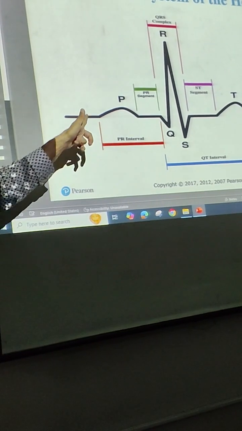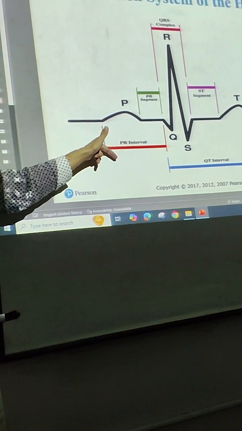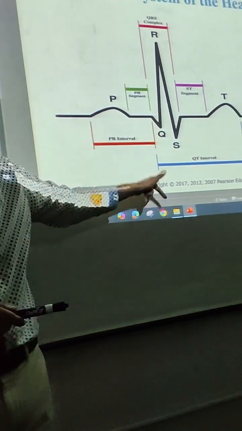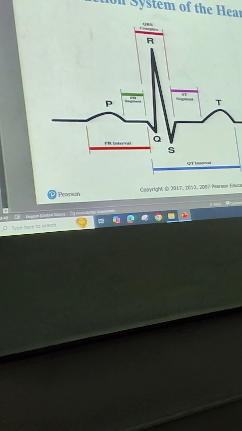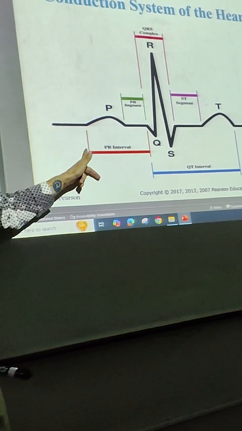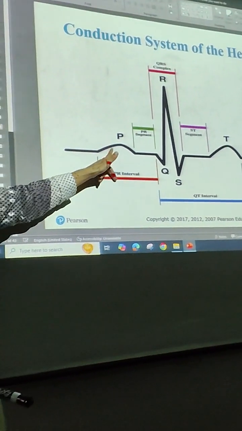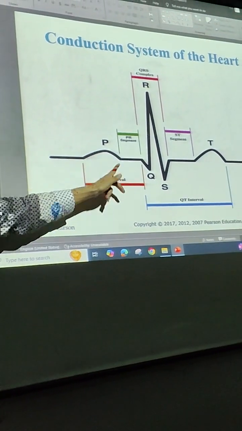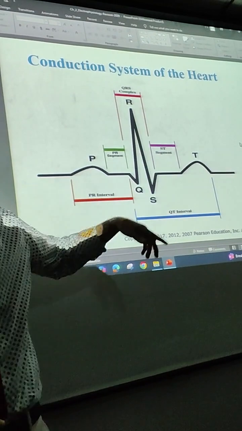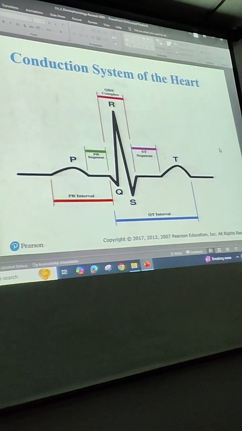Beginning of the P and beginning of the contraction, the QRS. That's one. It is the time in between the beginning of the atrial contraction and the beginning of the ventricle contraction or depolarization.